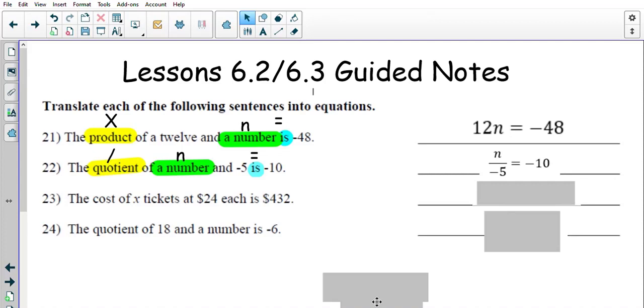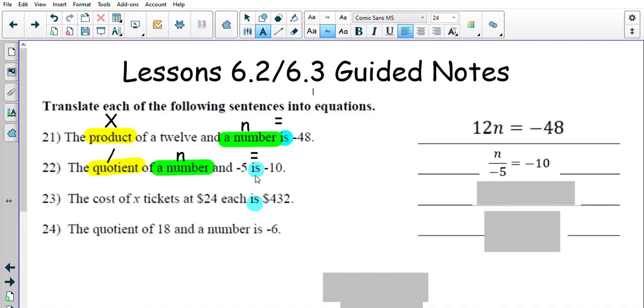All right, number 23, the cost of x tickets at $24 each is $432. Since we know that the total is 432, that gives us a good indication that it's going to be equals 432. But then we need to figure out what this first part means, the cost of x tickets at $24 each.